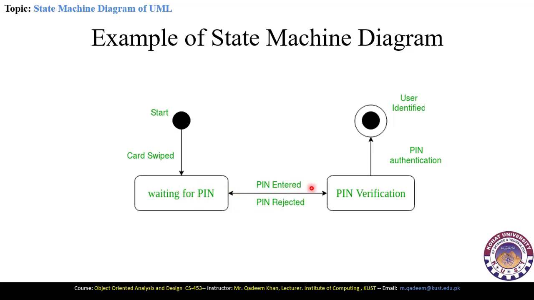If the correct pin code is entered, then the system goes into the pin identification authentication step, and finally the user identification will be provided here. So this is a simple example of a state machine diagram.